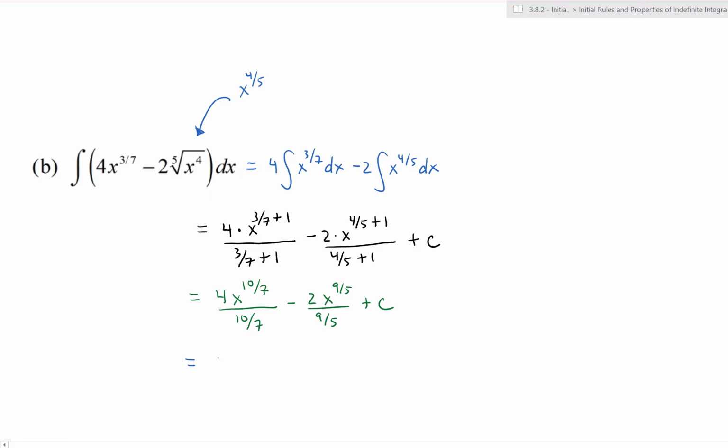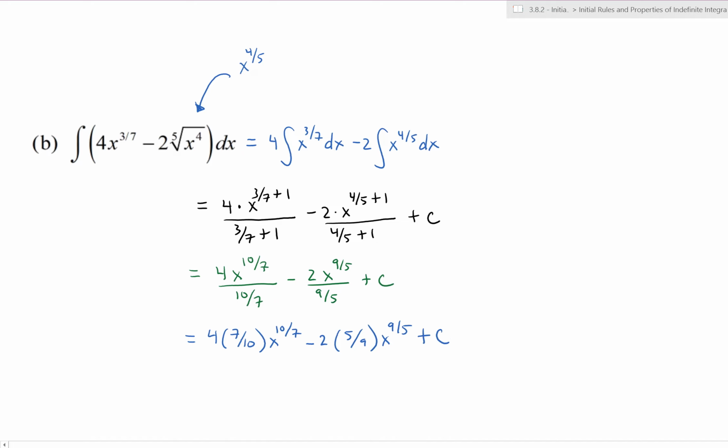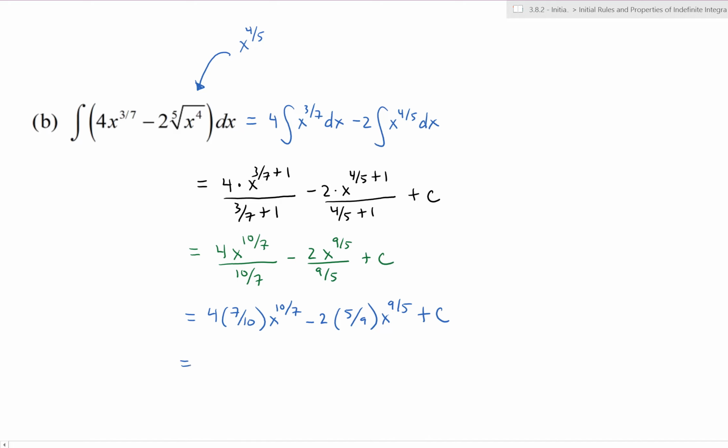This is the same thing as a 4 times a 7/10 x to the 10/7 power minus a 2 times the 5/9 x to the 9/5 power plus that constant. And finally, we can write this as, well, 28 over 10 is the same thing as 14 over 5. So 14/5 x to the 10/7 power, and then minus a 10/9 x to the 9/5 power plus that constant.